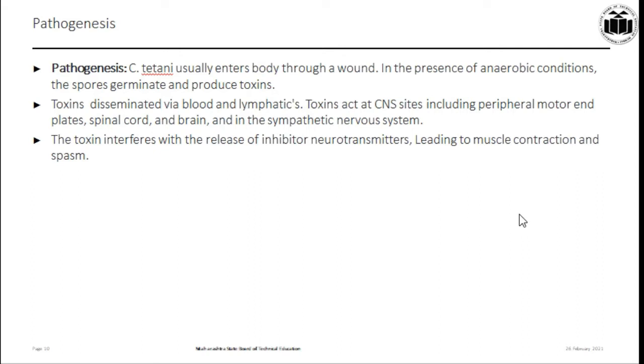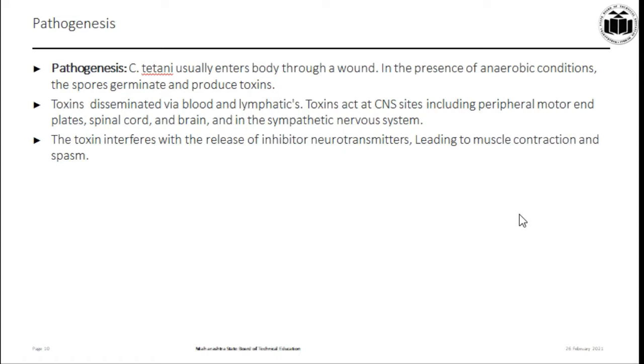When it inhibits the neurotransmitter, the toxin interacts with the neurotransmitter and contracts the muscle, and spasms get created, which is an identical feature of this disease, where there is a high contraction of muscles and the whole body gets contracted, very contracted, to form a D shape like structure, and hence this is a very chronic stage.